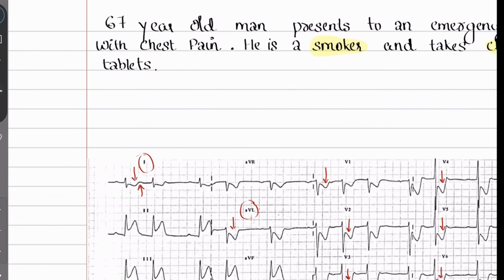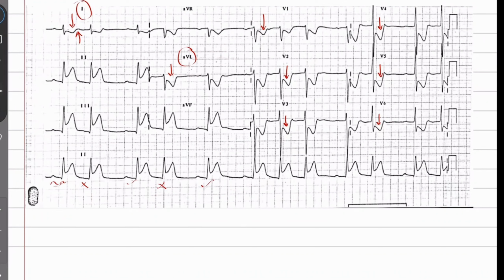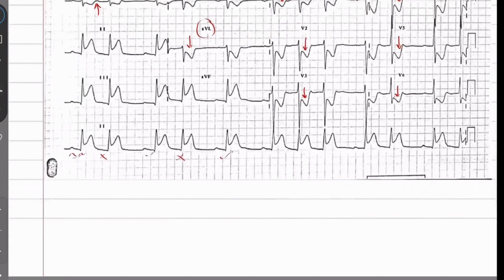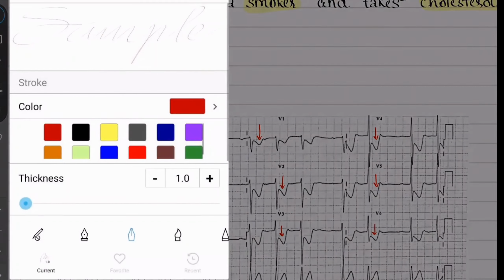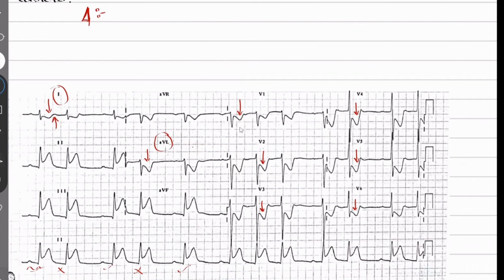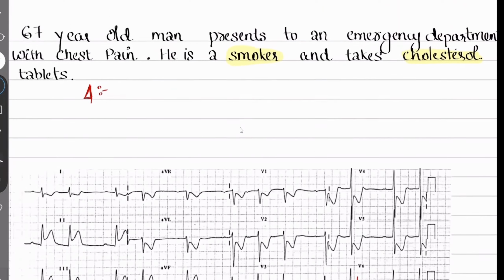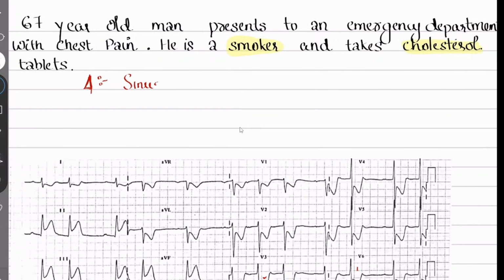So finally, coming to the interpretation of the ECG, we have sinus beats with intervening supraventricular ectopic beats. We have ST elevations in 2, 3, AVF and depressions in almost all other leads. So the final interpretation, what we conclude here is that the ECG shows a sinus rhythm with supraventricular ectopics.